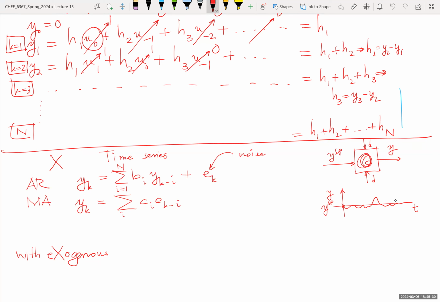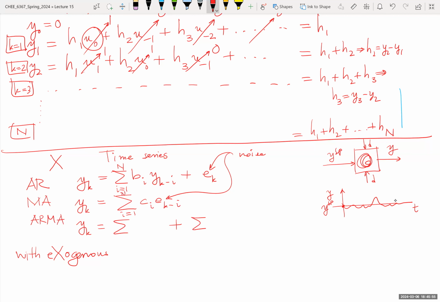This is called a moving average model. So this is white noise. Again, this is the effect of noise. And of course, you can combine the two, and you have AR and MA. So you have the ARMA model that says the current value of the output is two weighted sums.